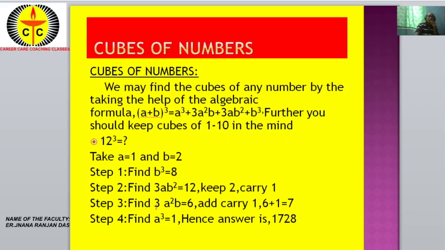Then 3a square b is equal to 6. Then add carry 1, 6 plus 1 is 7. Then find a cube, that is 1. Hence the number is 1728.